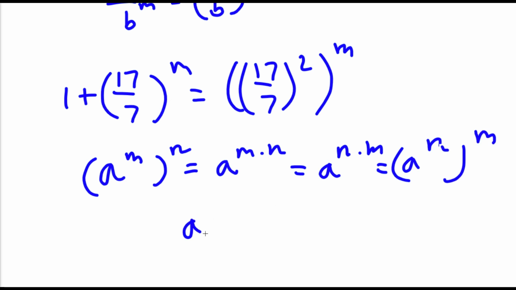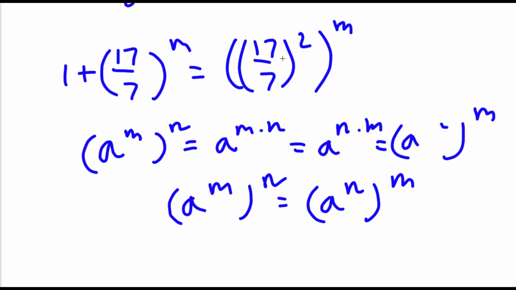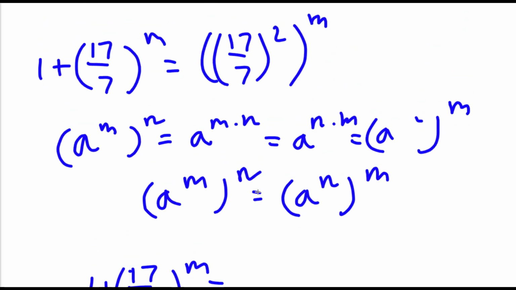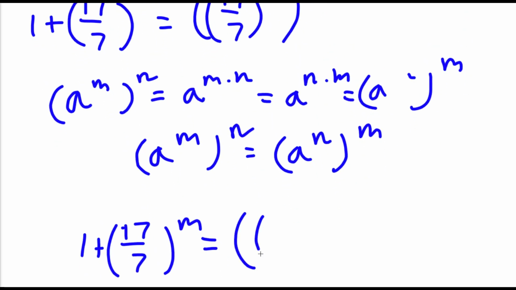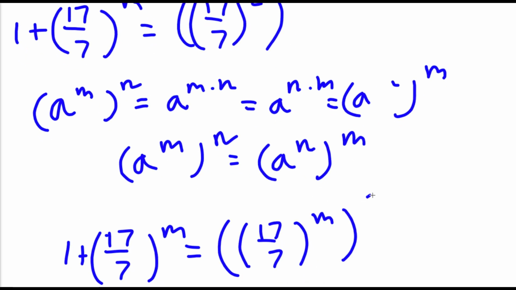So a to the power of m to the power of n is equal to a to the power of n to the power of m. So in this case, I have 17 over 7 to the power of 2 to the power of m, and I could rewrite that as 17 over 7 to the power of m squared.